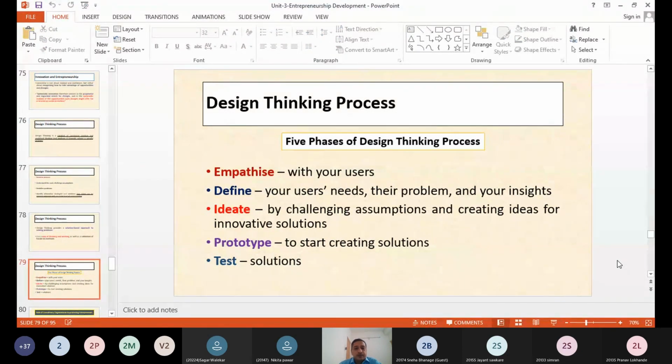So these are the 5 phases of the design thinking process: empathize, define, ideate, then prototype, and testing. Is it understood to you all till now? Yes, sir.